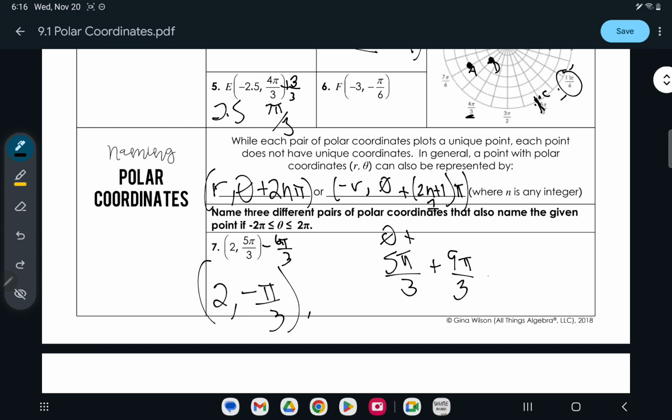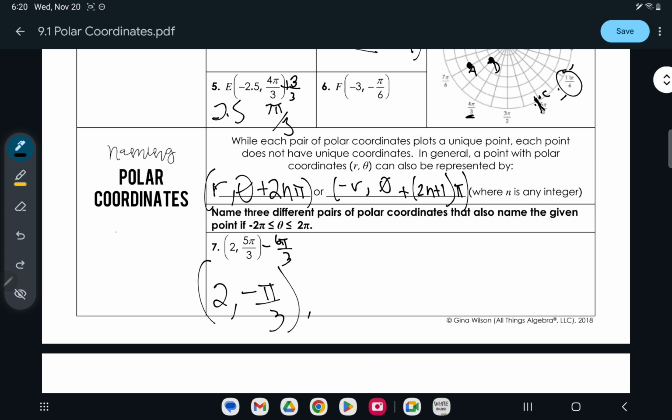I don't like that because that's going to put me over 2 pi. Oh, hang on. Trying to think. All right.